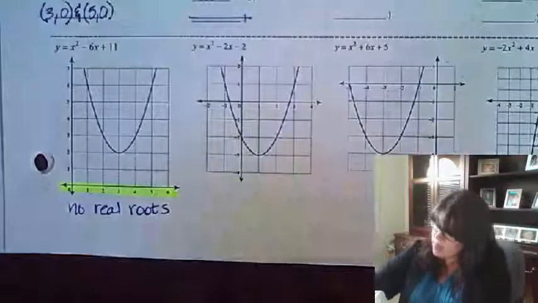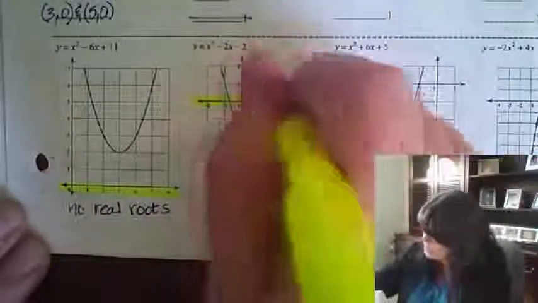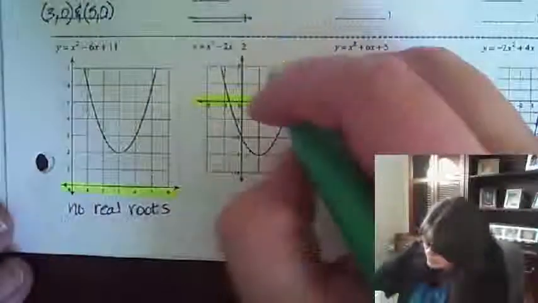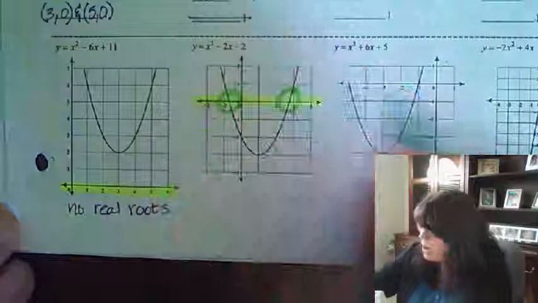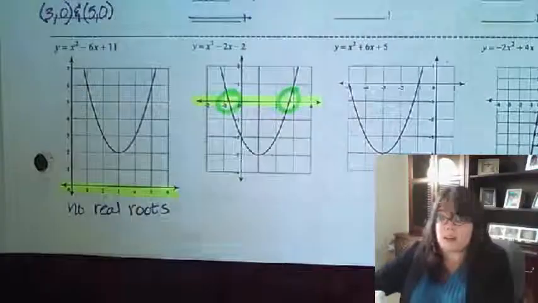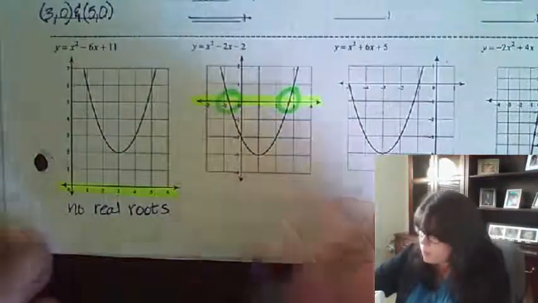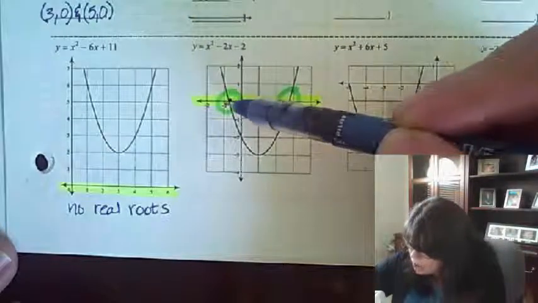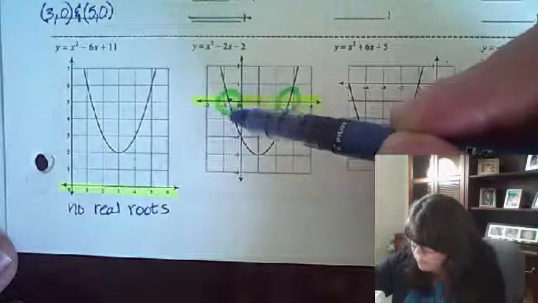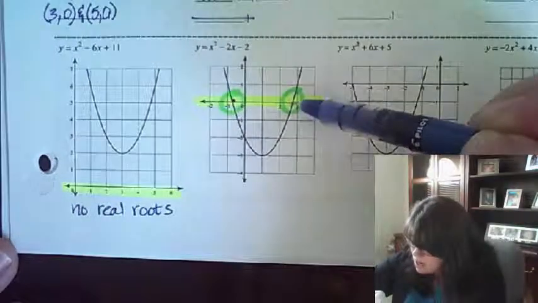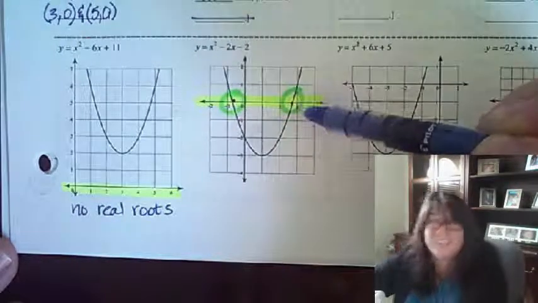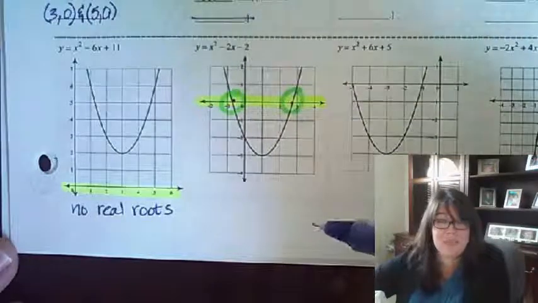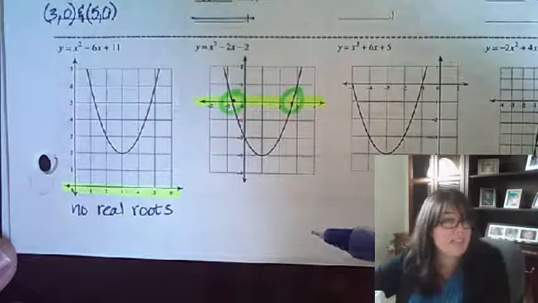Sweet. The second one, if we look at the x-axis, we can see that it crosses the x-axis here and here. So where are those points? What are they? Remember, we want an x and a y, but take a look. This is not quite all the way to -1. And this one is not all the way to 3. It's in the middle somewhere, so it would be a decimal. We can approximate a decimal.